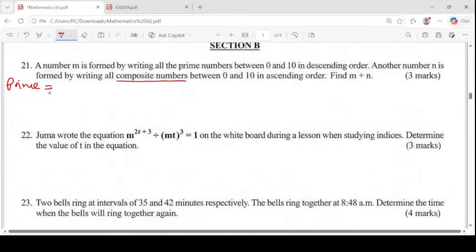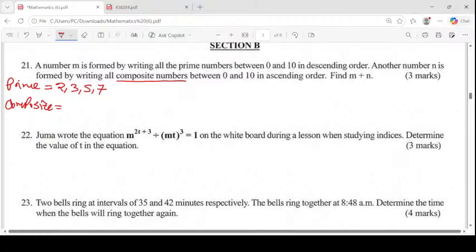The prime numbers between 0 and 10 are 2, 3, 5, and 7. Then let's also have the composite. A composite number is a number that has more than 2 factors.